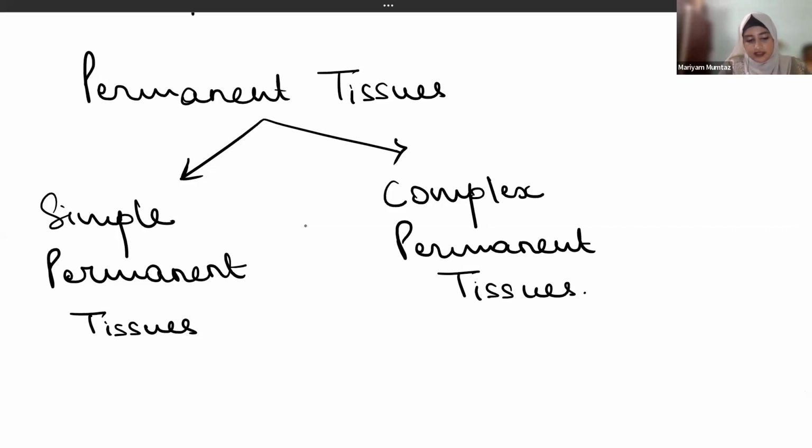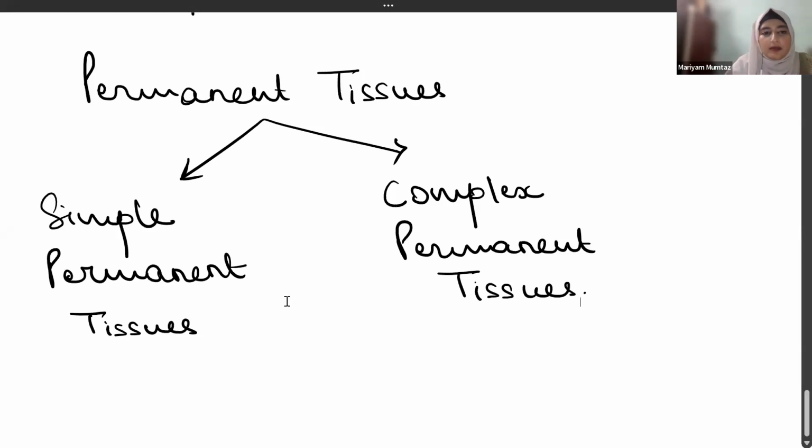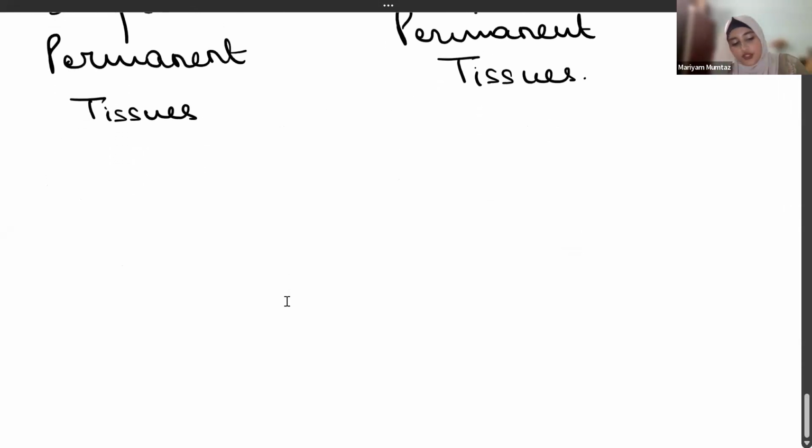Now, the simple and the complex are defined on the basis of the organization that they have. A simple permanent tissue has a simple organization, but the complex has a complex organization. Simple permanent tissues have only one type of cells.